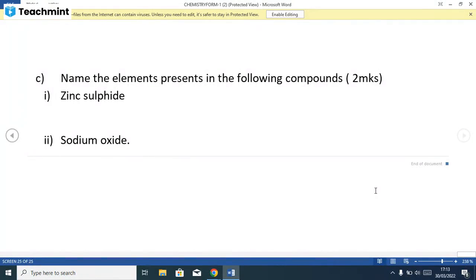Name the elements present in the following compound: zinc sulfide.